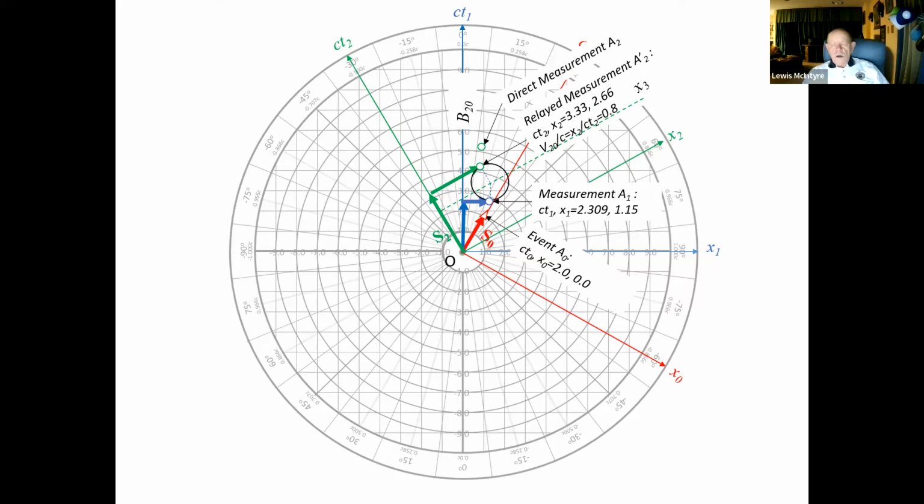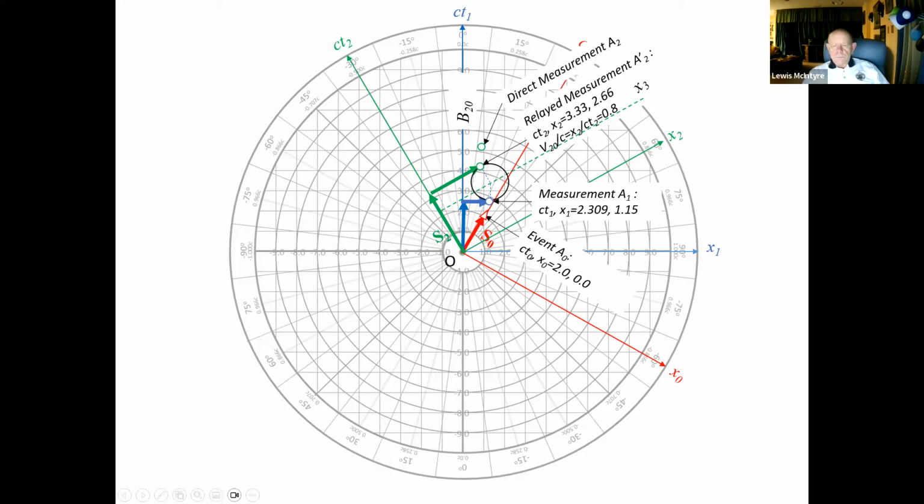Certainly not, but the law of additive velocities is derived by taking the Lorentz transform of A1, which is in turn the Lorentz transform of A0, and transforming that again into S2 as A prime 2.